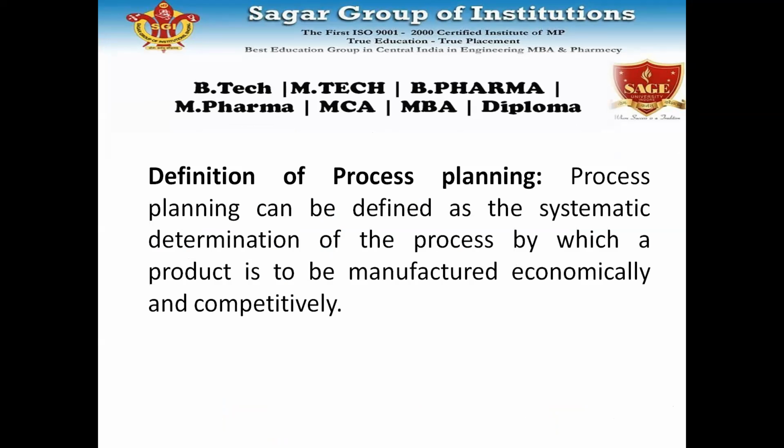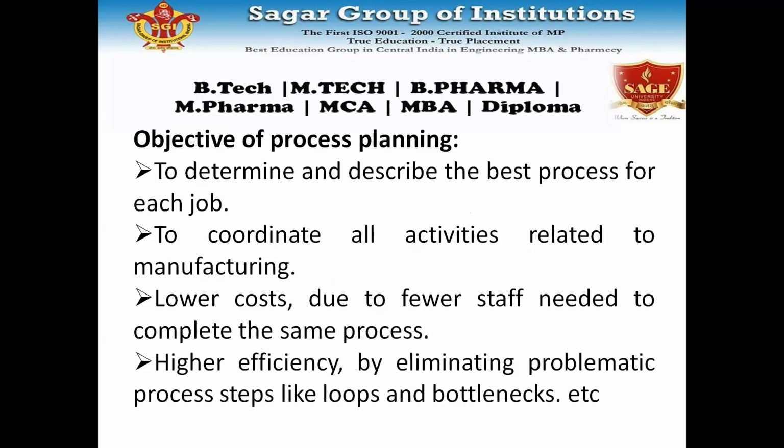So here we see that we have to determine the process by which we can make a product economically and competitively. Two words are very important here. We have to manufacture the product at lesser cost, and second, we have to compete with our competitors as well.